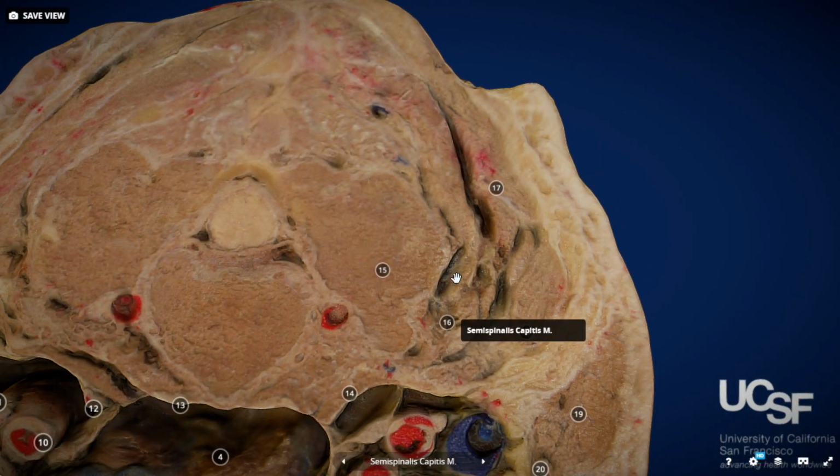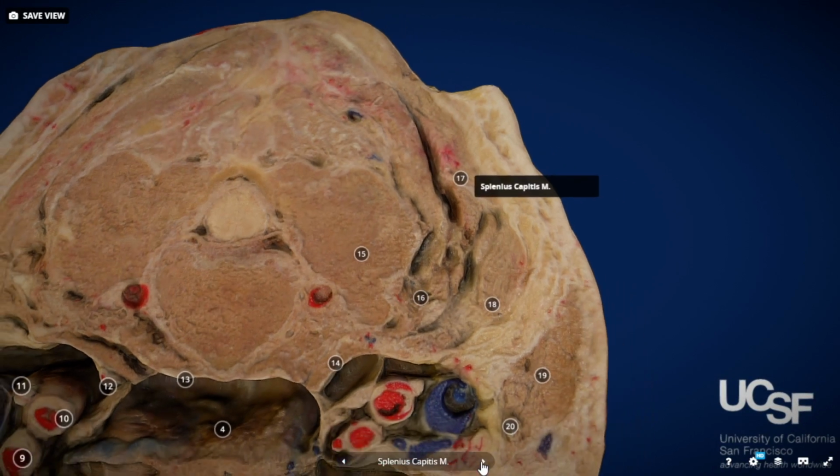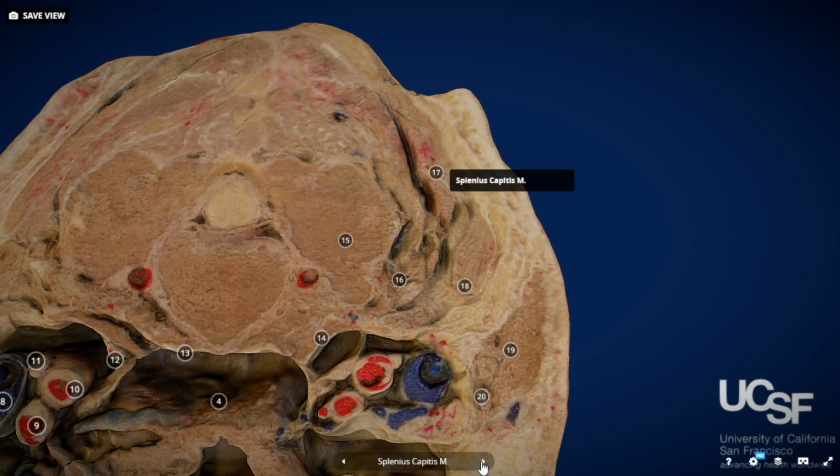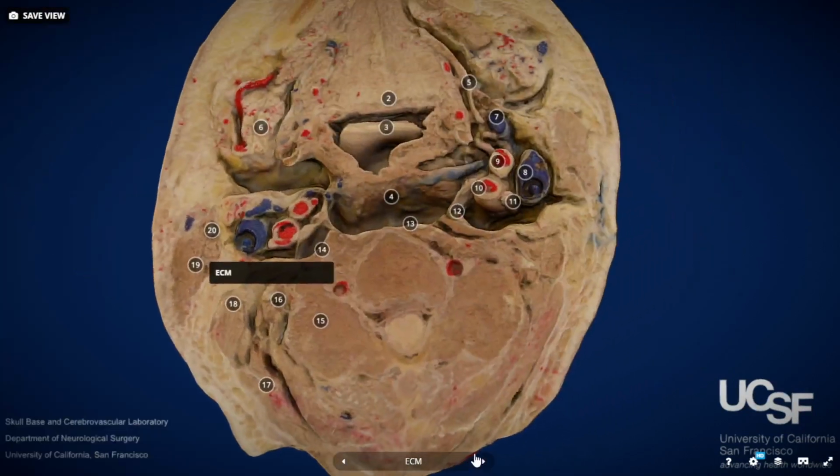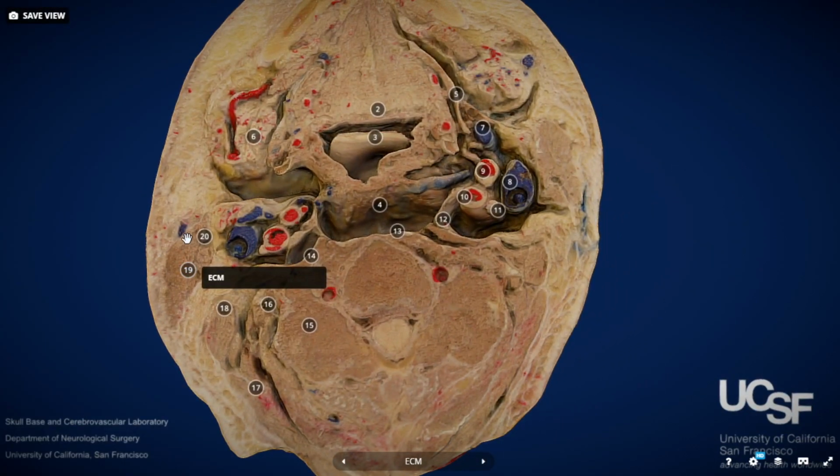One of the muscles that we explored before, among the muscles associated with the spine, is the semispinalis capitis, which lies at a deep layer, and the splenius capitis muscle and the longissimus capitis muscle, which lie more superficially. And one of the muscles that serves as a landmark for anterolateral approaches is the sternocleidomastoid muscle.